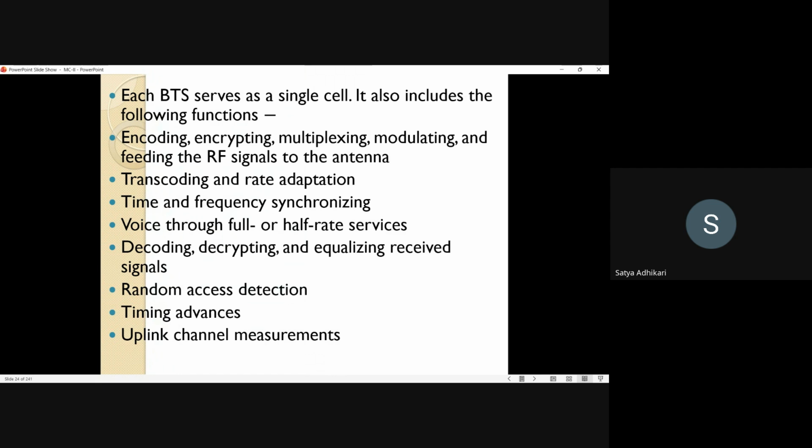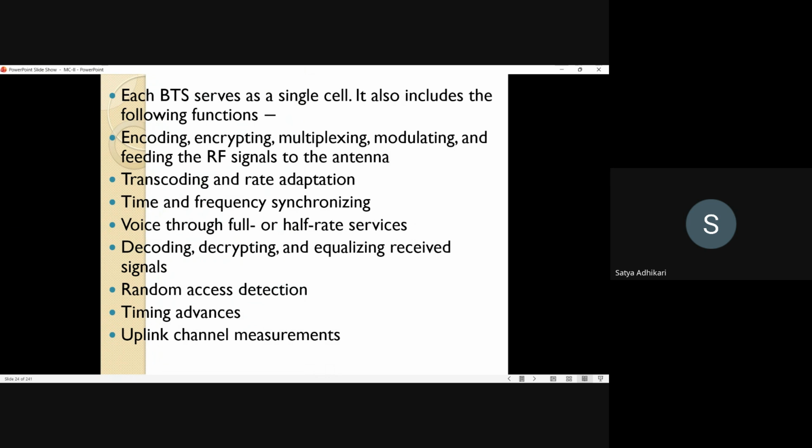Each BTS serves as a single cell. It also includes the following functions: encoding, encrypting, multiplexing, modulating, and feeding the RF signal to the antenna, transcoding and rate adaptation, time and frequency synchronizing, also voice through full or half rate services. You know that the data which is encrypted must be decrypted.